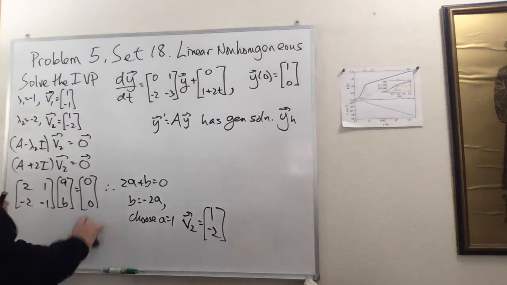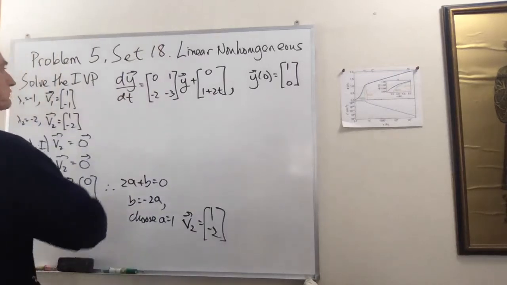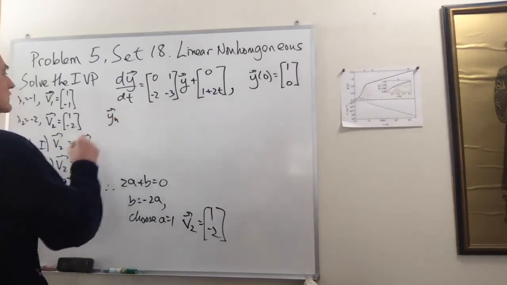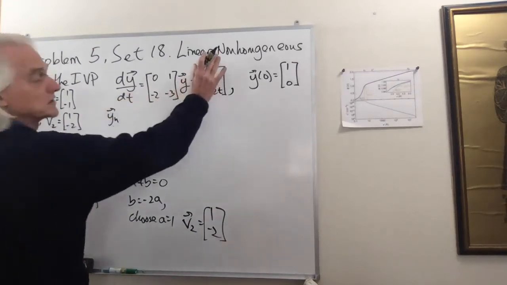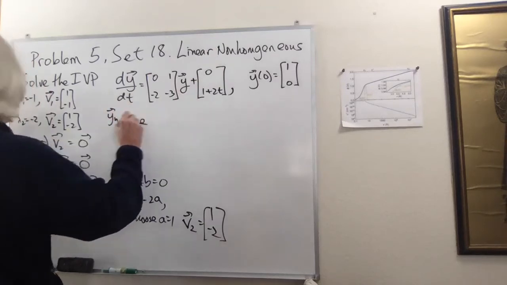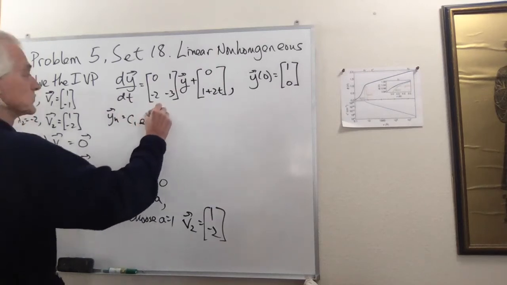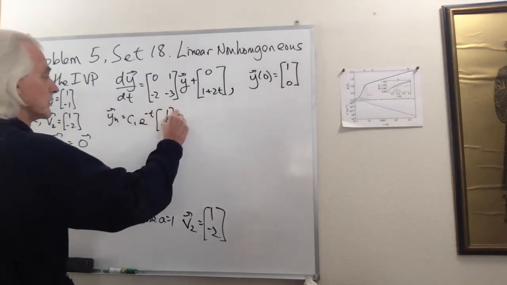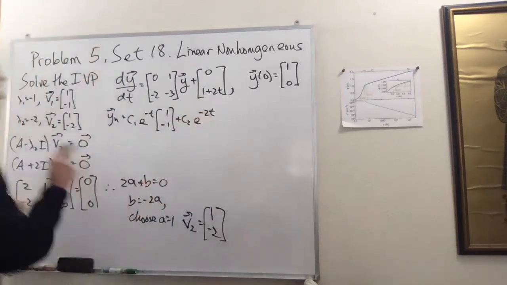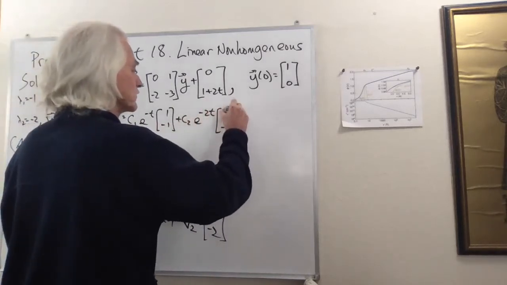So now I'm ready to write YH. The solution to the associated homogeneous equation is C1 e to the lambda 1 t, that's just e to the minus t, times (1, -1), plus C2 e to the minus 2t, e to the lambda 2 t, times (1, -2).